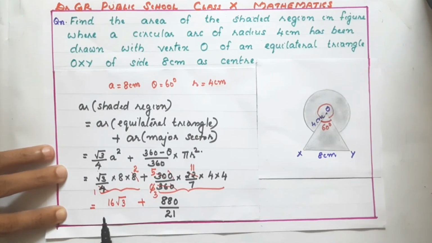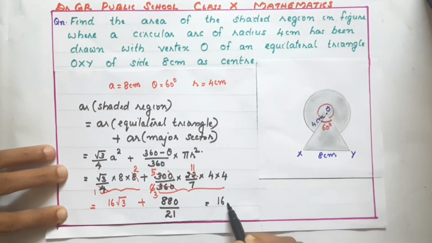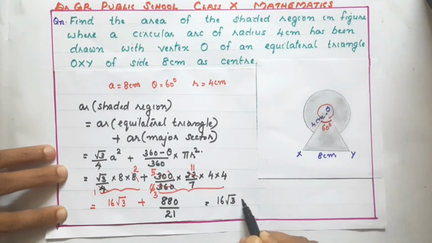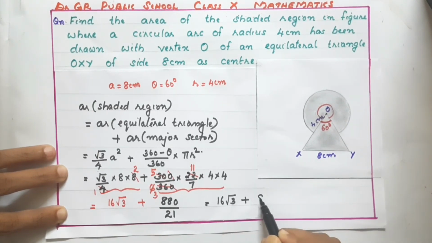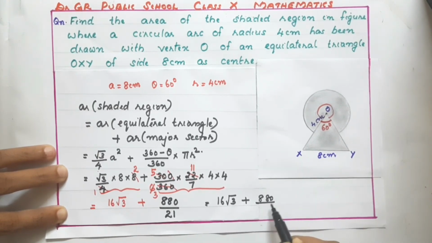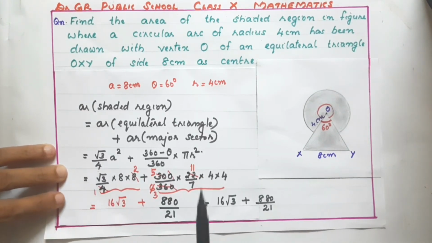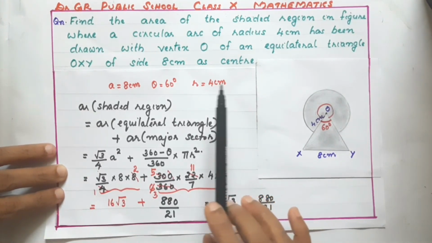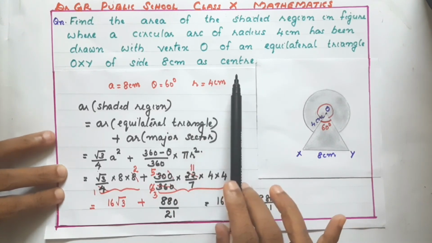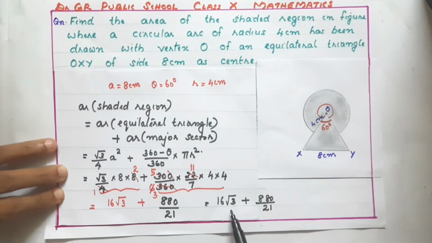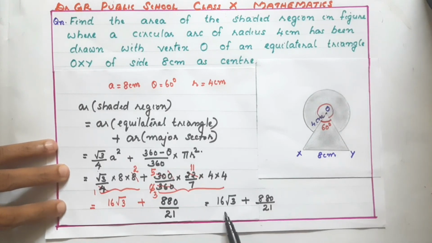Okay. So, what is the answer? 16 root 3 plus 880 by 21. Here the root 3 value is not given, so no need to put the value of root 3. You can stop the answer here itself.